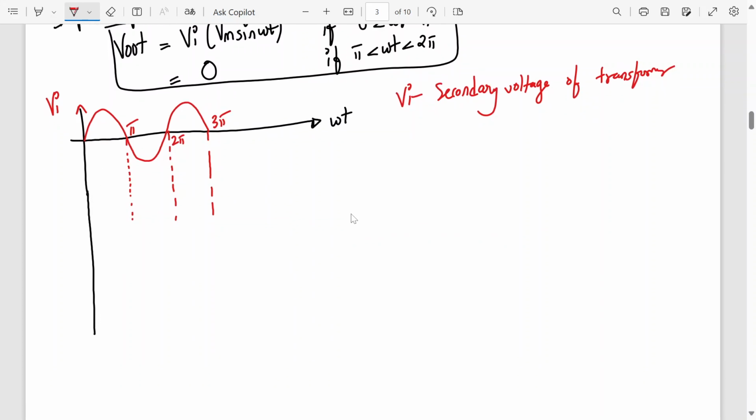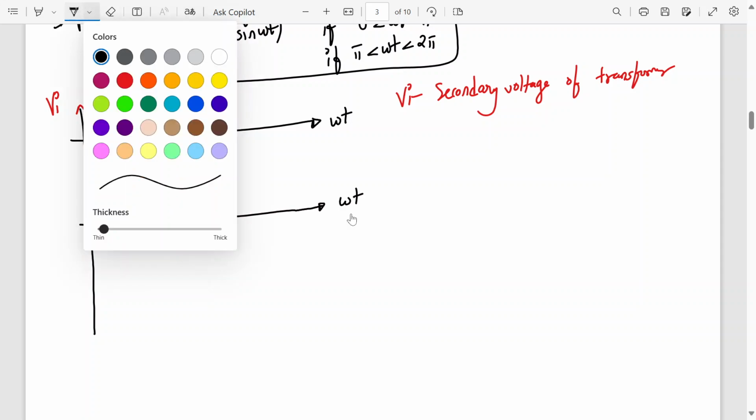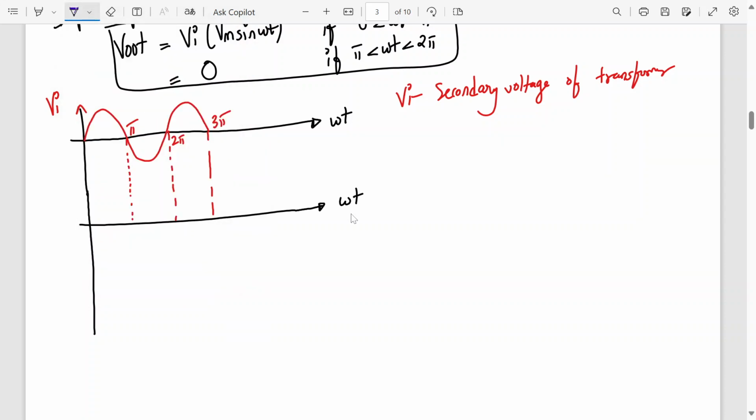Now tell me, help me plot the value of the diode output voltage. How will it look like? As I have already told you all, it will exactly look like a replica of input in the positive half cycle. Negative half cycle it will be 0, right? And again in the positive half cycle it will follow the input.